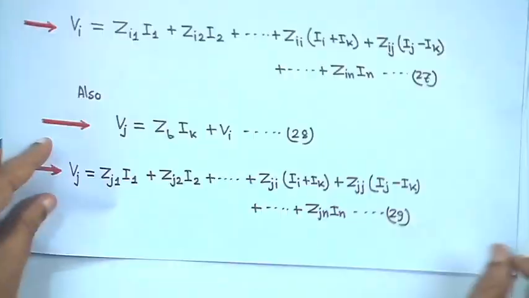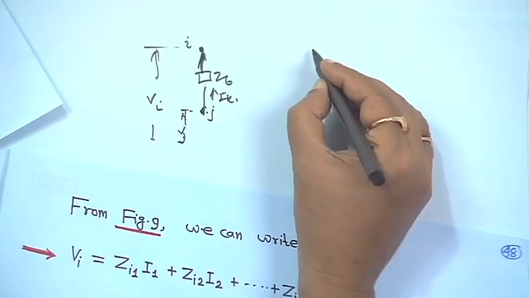So, this equation 28, that is Vj equals Zb Ik. Actually, it is a simple thing.